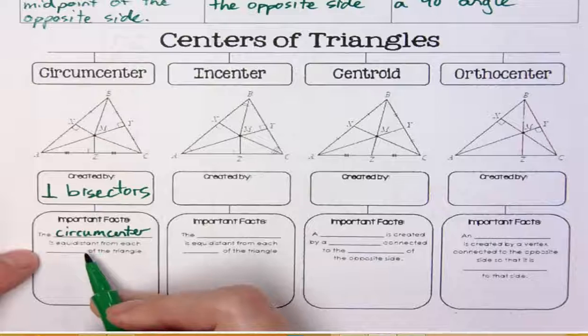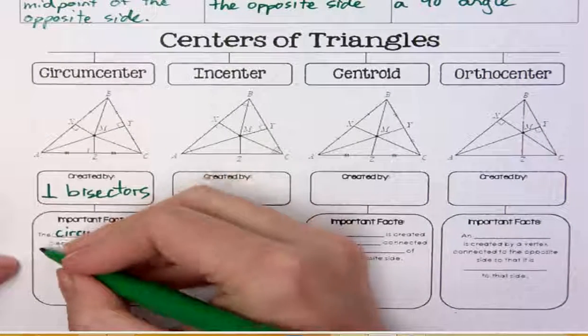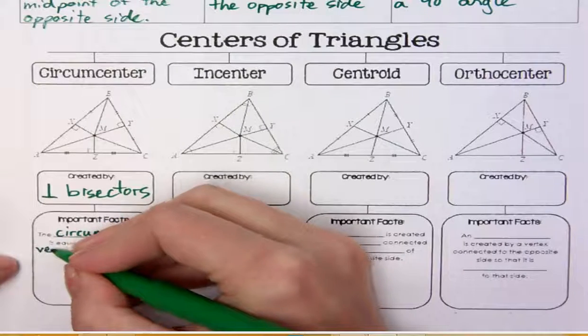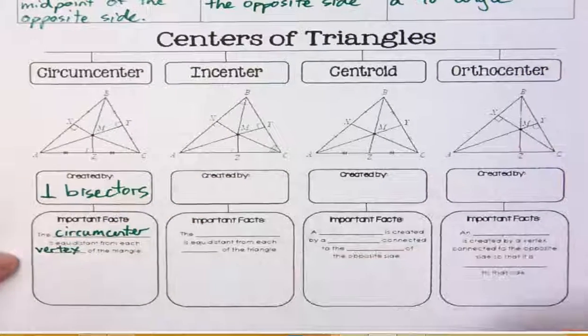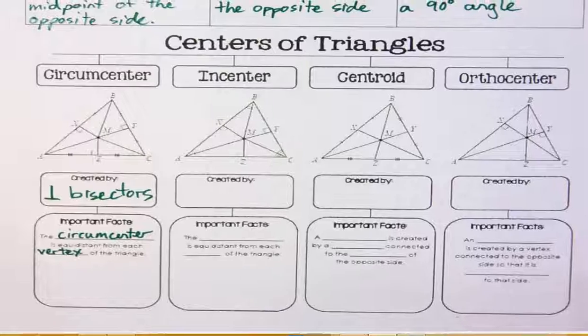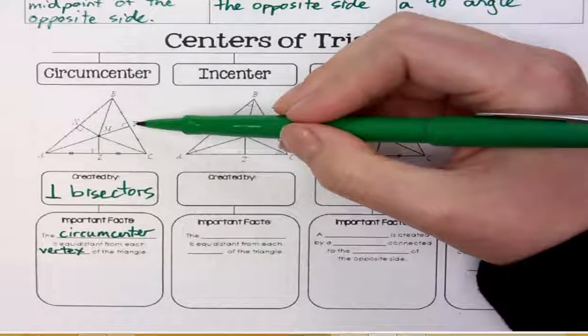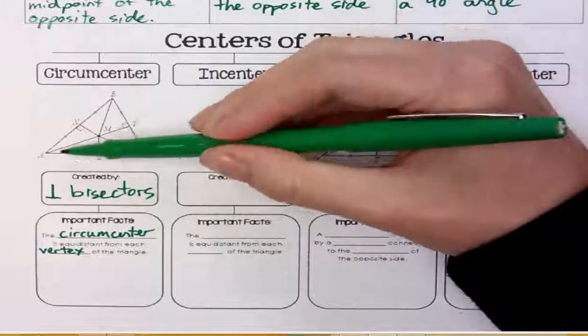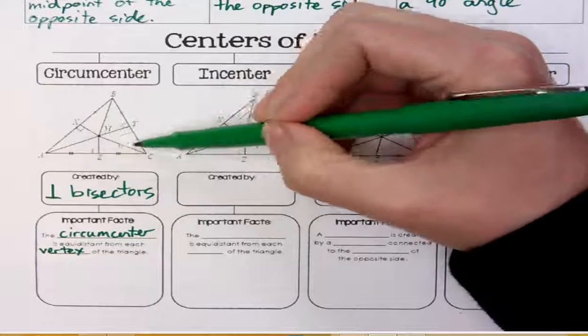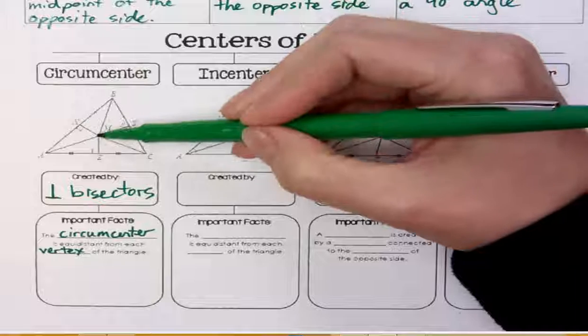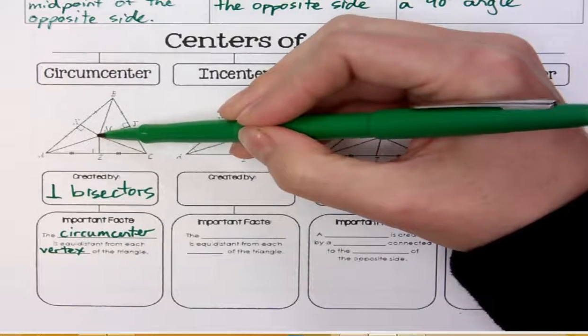Do you guys know what equidistant means? Equal distance from each vertex of the triangle. And on the next page we'll go over how to find that. But if you just look at the drawing, you can see that 3 perpendicular bisectors were drawn, and the point that they meet is called the circumcenter.